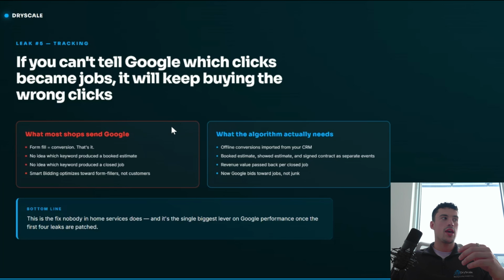Whereas that's not necessarily the case, because you have no idea which keyword produced that estimate. You have no idea which keyword produced a closed job. Smart bidding optimizes towards form fillers in this case, because that's what you're marketing as a conversion, instead of actual customers, or at least booked estimates. So what the algorithm actually needs is offline conversions imported from your CRM, whatever that may be, GoHighLevel, Jobber, ServiceTitan, whatever.